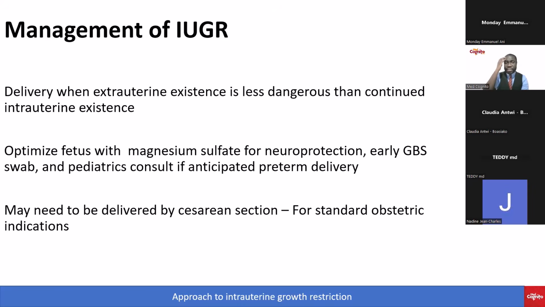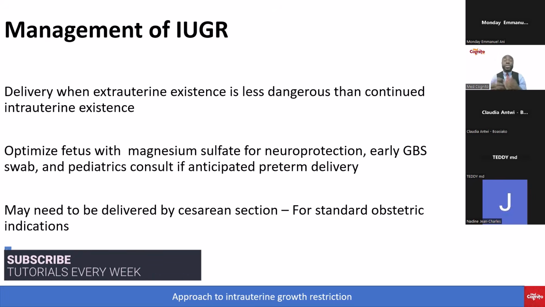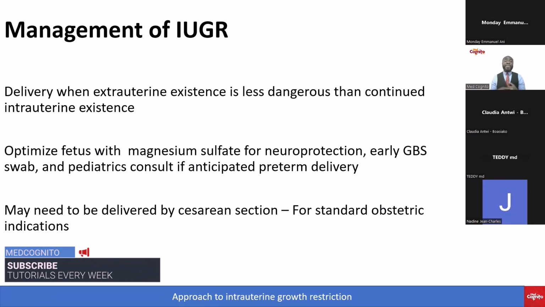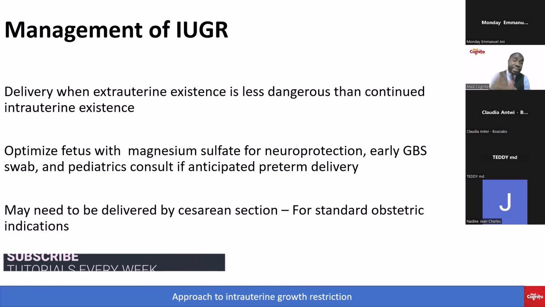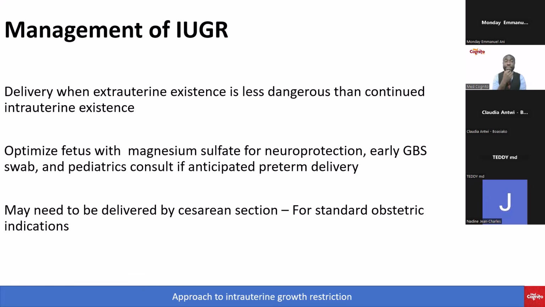Early GBS swab and pediatrics consult if that baby has to be delivered. So if the mother has IUGR and you think that this baby needs to be delivered, then you want to get a pediatrics consult in. And this baby may need to be delivered by cesarean because you don't want to put the baby through the hustle and bustle of spontaneous vaginal delivery.